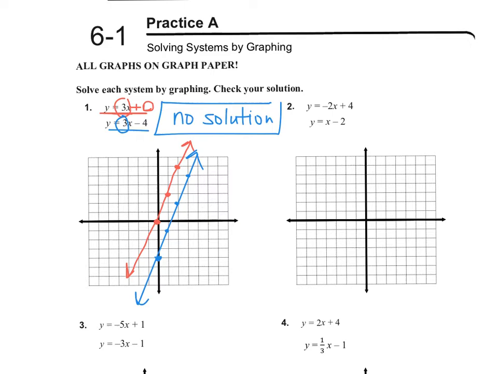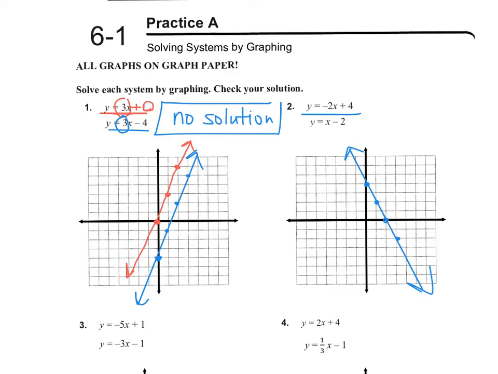Number 2, if we're graphing, the top line is blue. I'm going to go up 4. 1, 2, 3, 4. And then the slope is -2. So down 2 over 1, down 2 over 1, down 2 over 1 would be this line. And we get that graph.